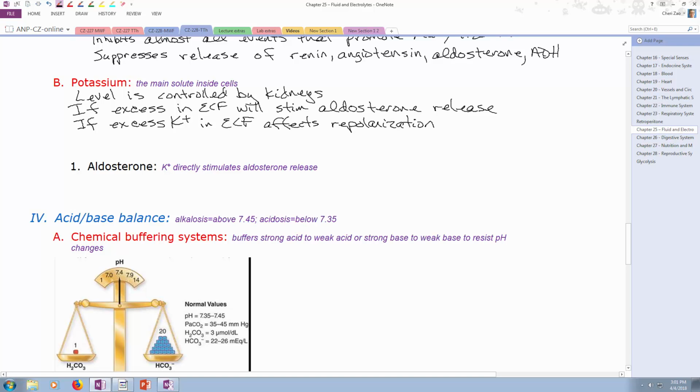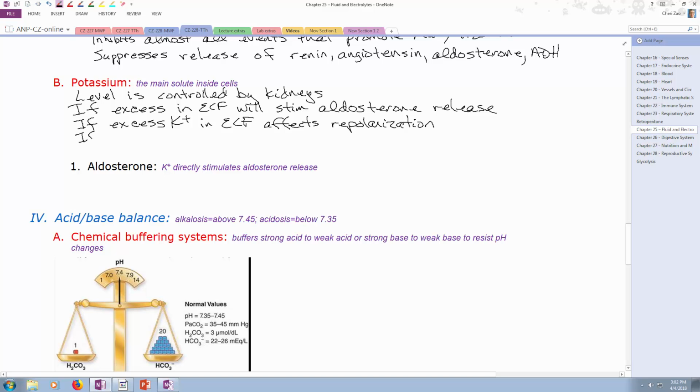Because remember, low potassium levels in the extracellular fluid will allow us, when we're repolarizing our cells, those potassium gates will open and potassium leaves, helping us to reestablish a resting membrane potential voltage quite quickly. What's interesting, though, is that excess potassium is bad for us, and also a deficiency in potassium is bad for us.